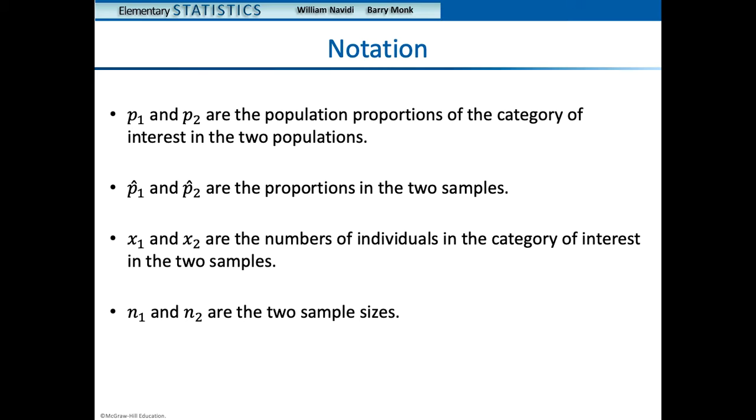So p sub 1 and p sub 2 are the population proportions of the category of interest in the two populations. p1 hat and p2 hat are the sample proportions from the two samples. x sub 1 and x sub 2 are the numbers of individuals in the category of interest in the two samples. n sub 1 and n sub 2 are the two sample sizes. And then, of course, to find these sample proportions, you take each x value and divide it by its corresponding sample size.